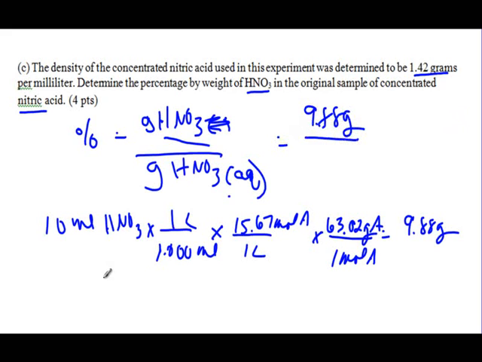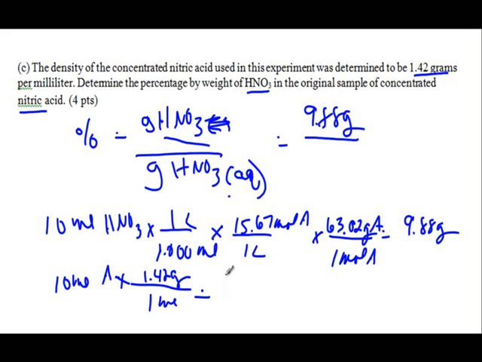Okay. And now I can find the mass of my solution. So again, I have 10 milliliters of the acid. And what I know is the density is 1.42 grams per 1 milliliter.